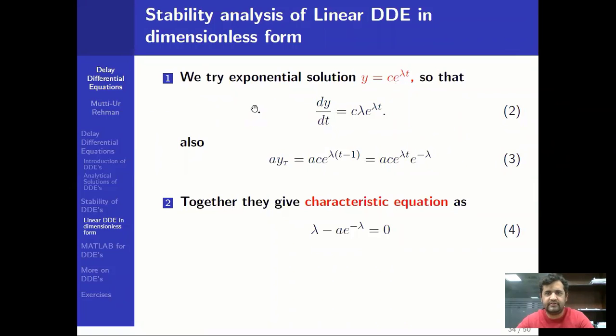Okay, so now we try this exponential function as one of the candidates as a solution to our delay differential equation, and then in view of the time derivative of this, we will get the characteristic equation as follows.